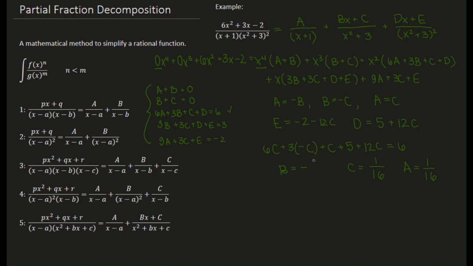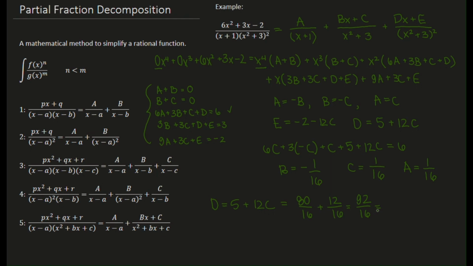Since d equals 5 plus 12c, then I can say this is 80 over 16 plus 12 over 16, and I get 92 over 16, or 23 over 4.